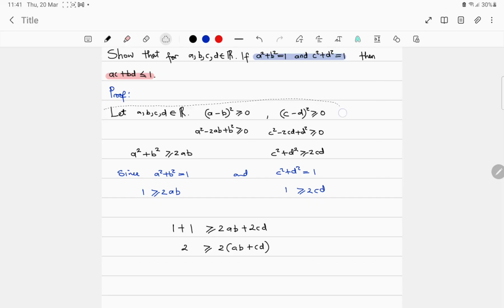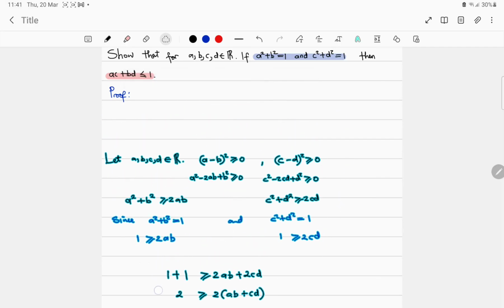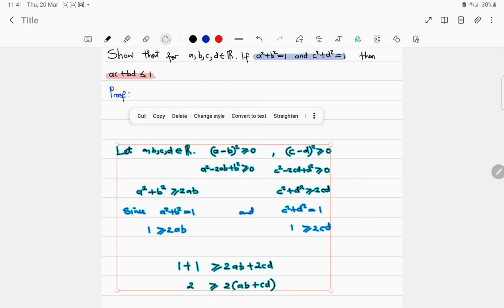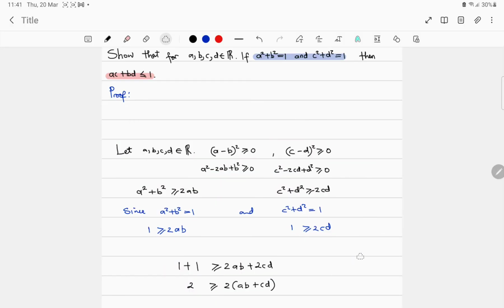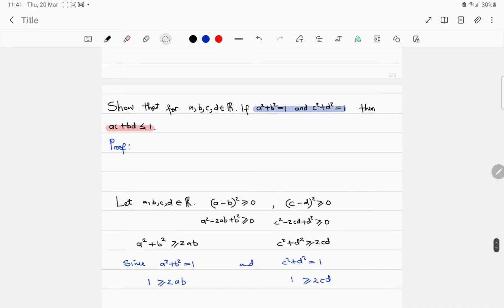Okay, so to write a proper proof, it's important to first put the supposition. Let me rearrange this so that it will make sense.